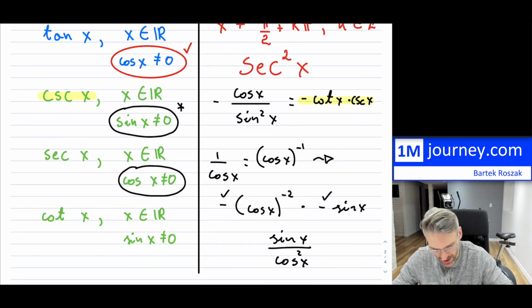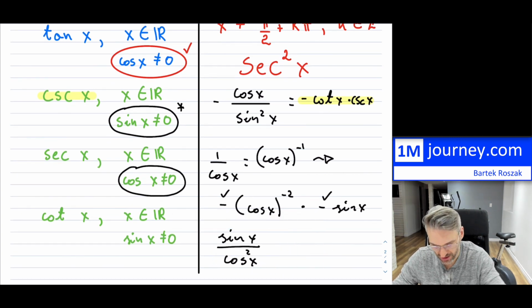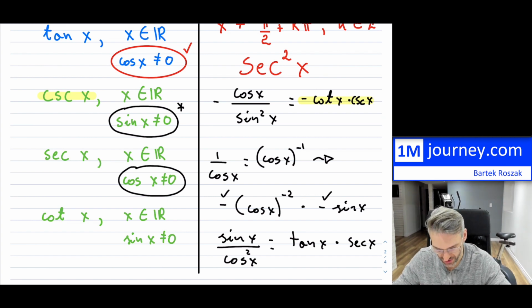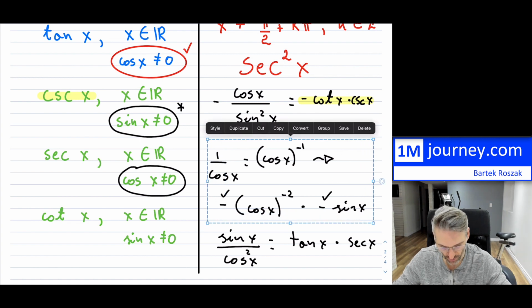Most of the time, this is written out as tangent x multiplied by secant x. That's what this will equal, because it's sine over cos, and then there's an additional cos left there to provide you the secant. Same thing, I like to derive this if I forget what it is.